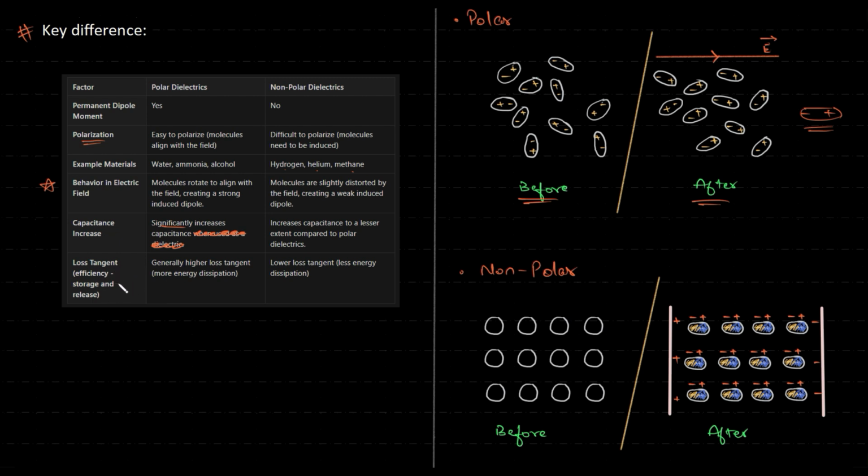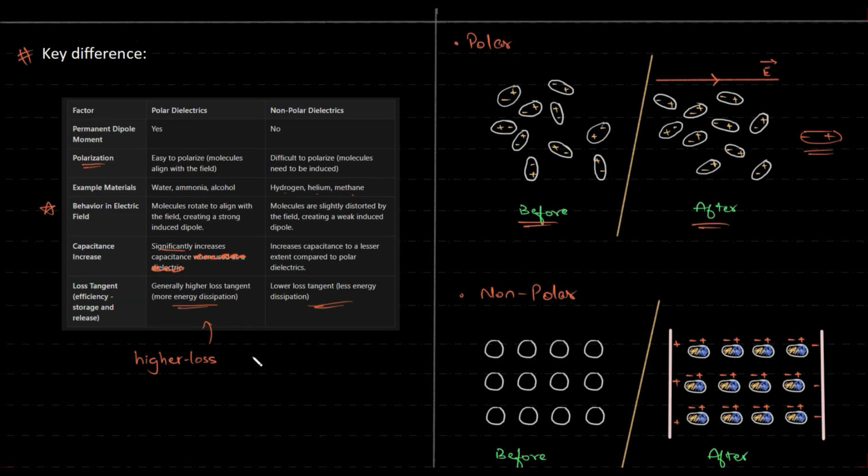It's about efficiency. Polar generates a higher loss tangent, so more energy dissipates. Non-polar is less. So basically the loss of energy is higher compared to the other. That's it.